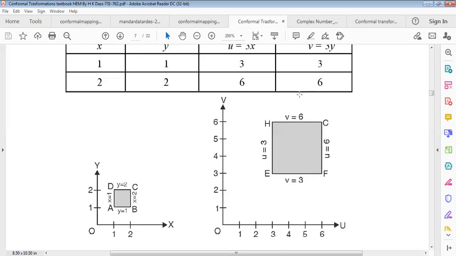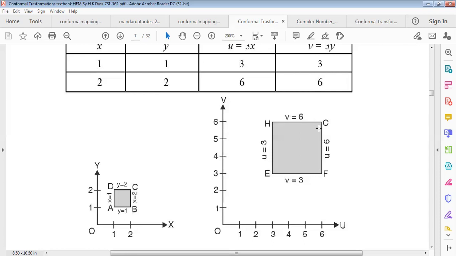If u equals 6, this is a straight line parallel to the v axis, and if v equals 6, we get a line parallel to the u axis in the W plane. Then we get another region, EFGH.